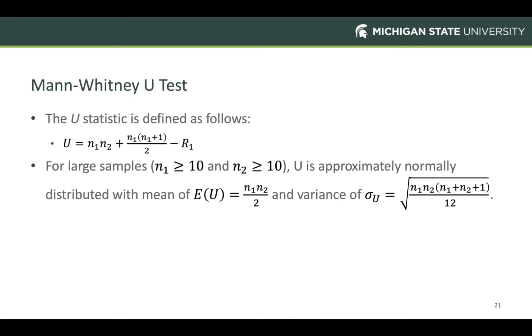And what we'll basically find, the same type of rule of thumb we've introduced previously for relatively large samples, so total sample size of 20, so we'll typically say 10 in each is a target. We'll find that U is approximately normally distributed. Its mean is going to be equal to N1 times N2 over 2. And its variance, or sorry, its standard deviation.